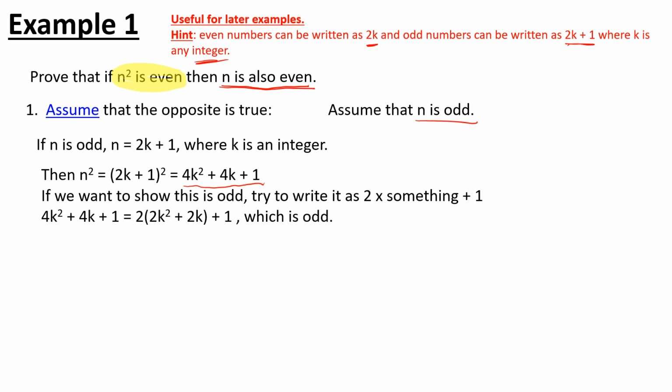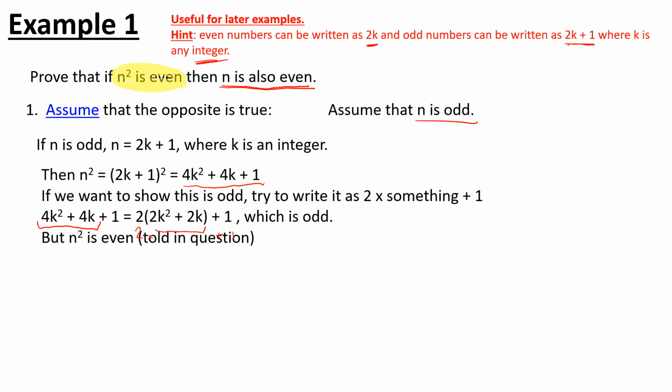Well, this can be written as 2 times (2k squared add 2k) plus 1. So you can see that I've just factorised that first part. I've taken out a factor of 2 so that I can write this as 2 times something plus 1. So I've proved here that n squared is odd.